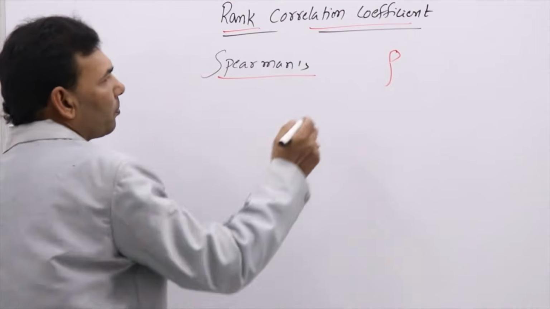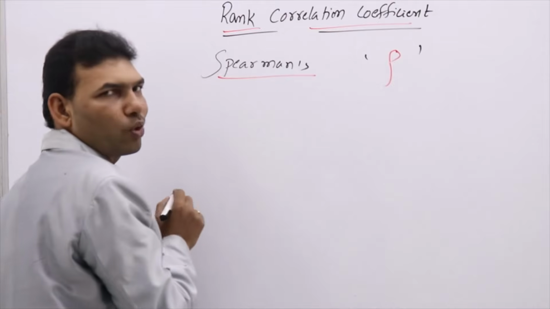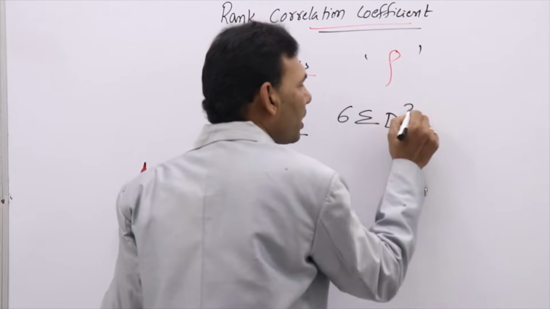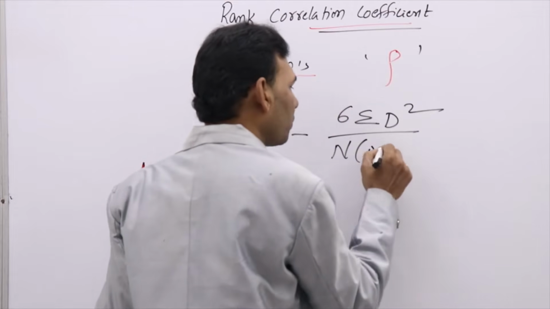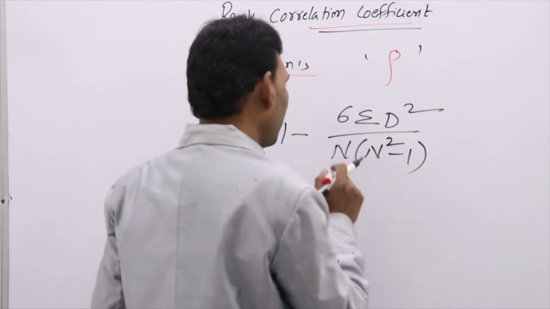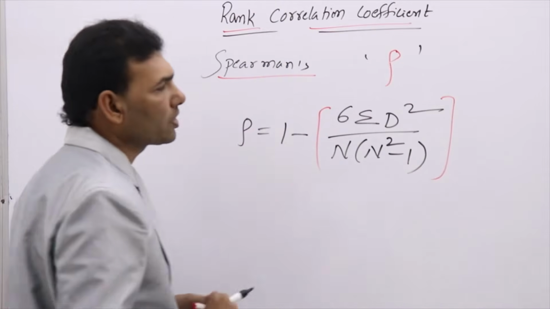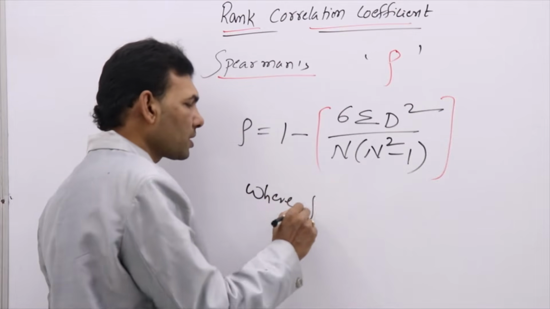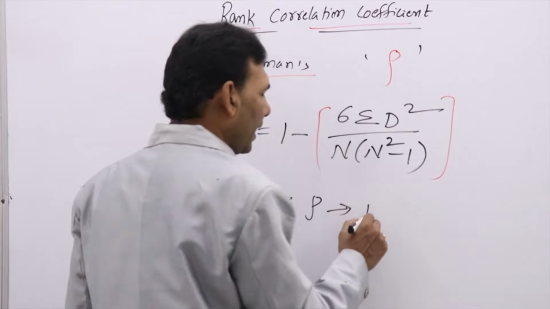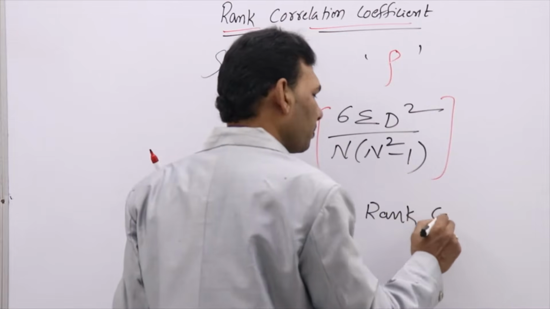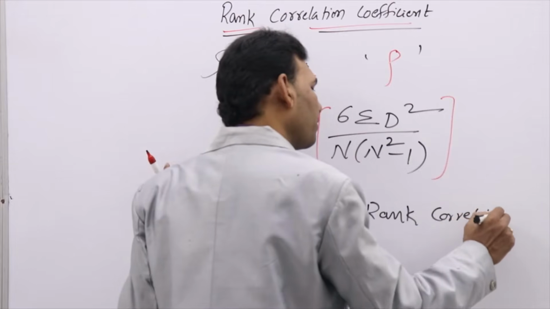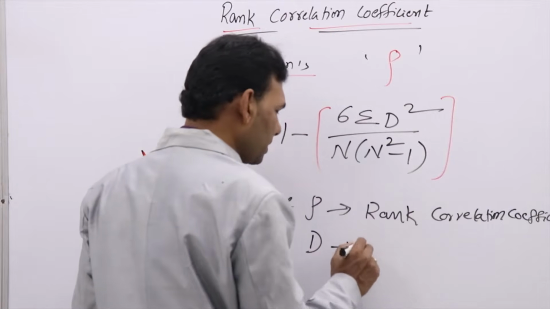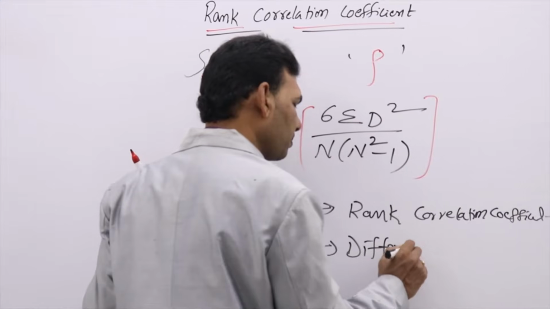It has a formula. Rho equals 1 minus 6 sigma d square by n into n square minus 1, that is n cube minus n, where rho is the rank correlation coefficient. d is the difference between ranks.